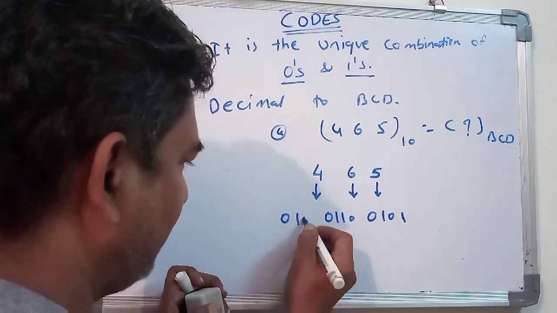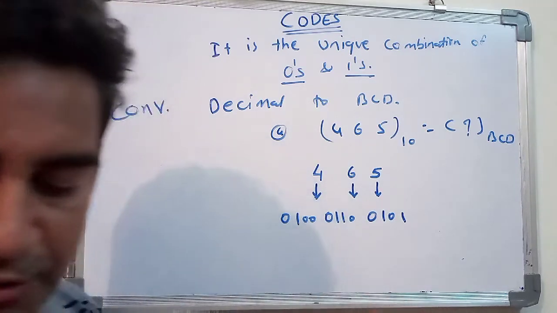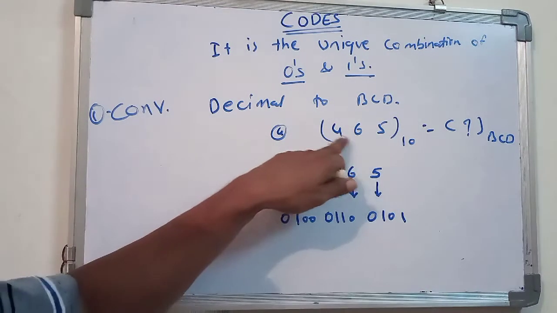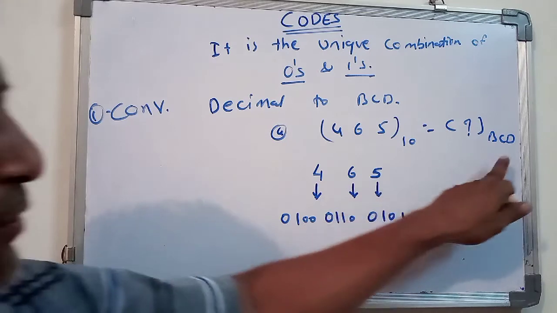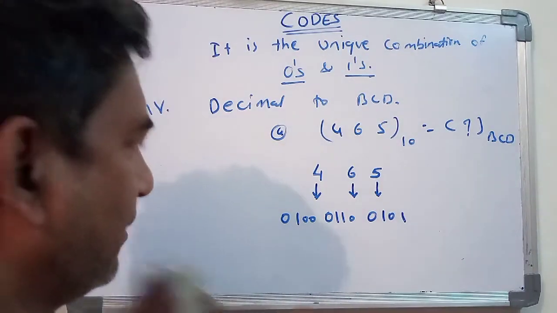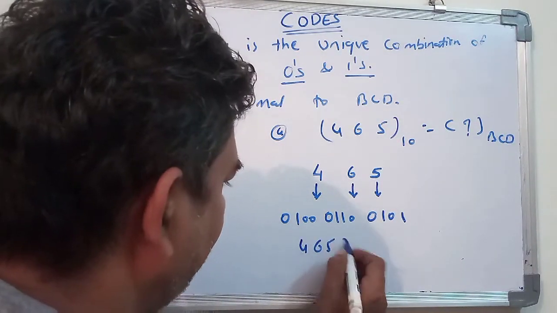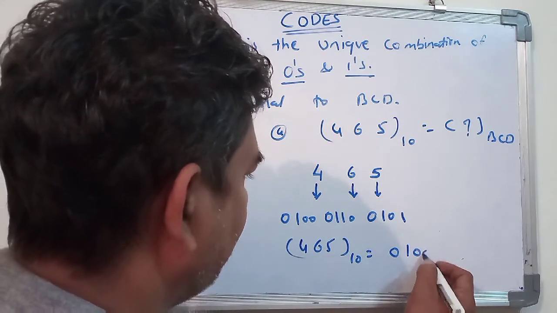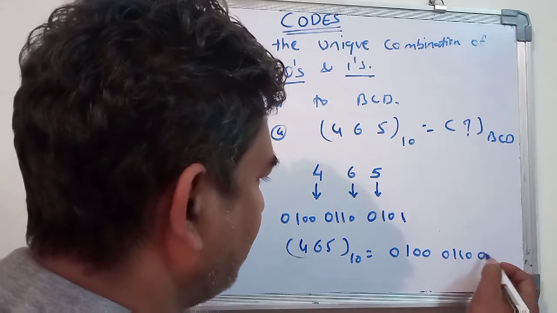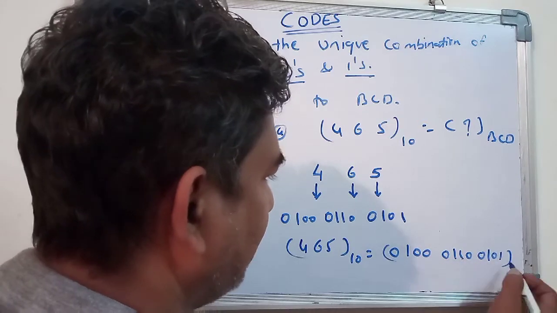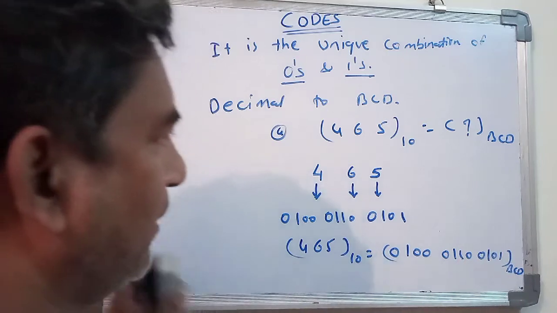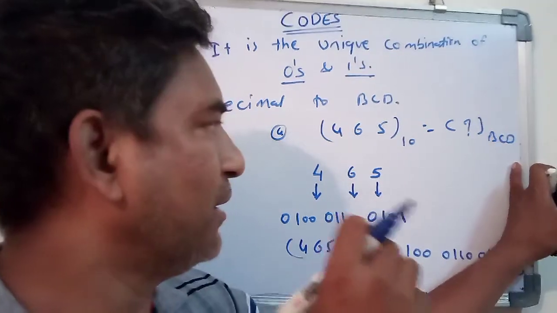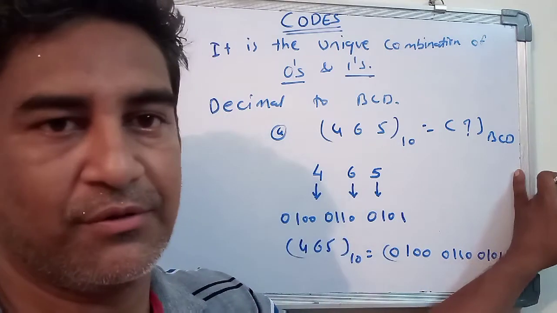Then 4 is 0 1 0 0. So from this particular conversion, you may say that the number has been converted into BCD form. Then 4 6 5 with base 10 is equal to 0 1 0 0 0 1 1 0 0 1 0 1 with base BCD. Likewise, it is written here.